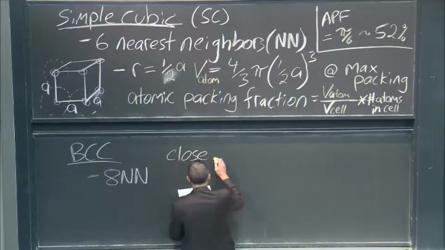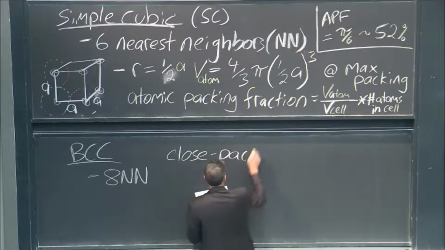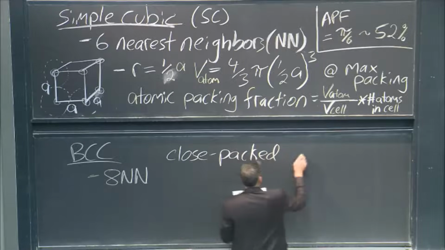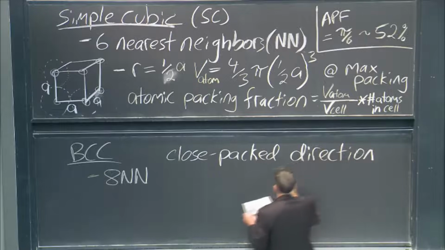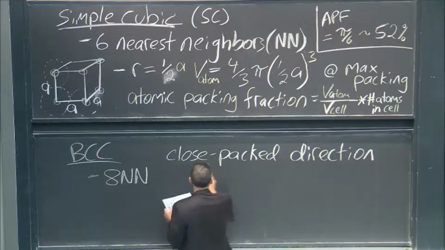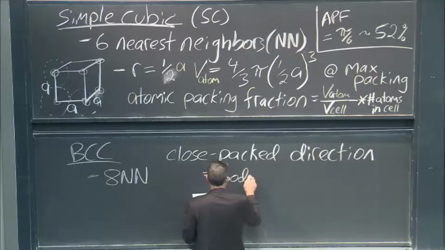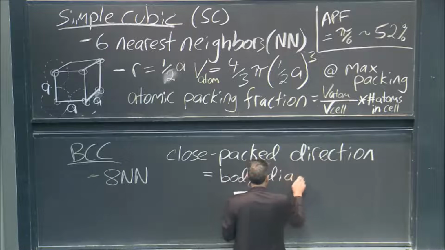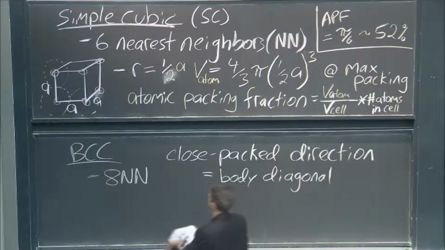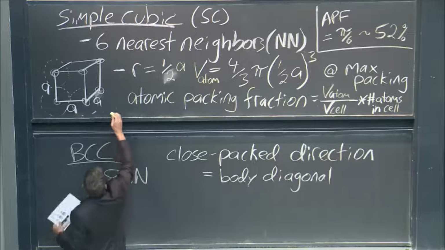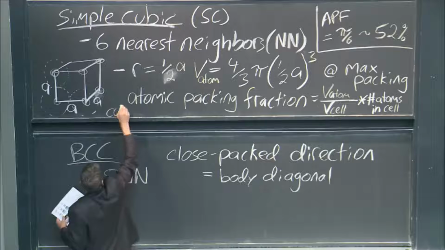Close packed direction. And for the BCC structure, it's the body diagonal. Look, over here, it's the cube edge. For a simple cubic, it's the cube edge.